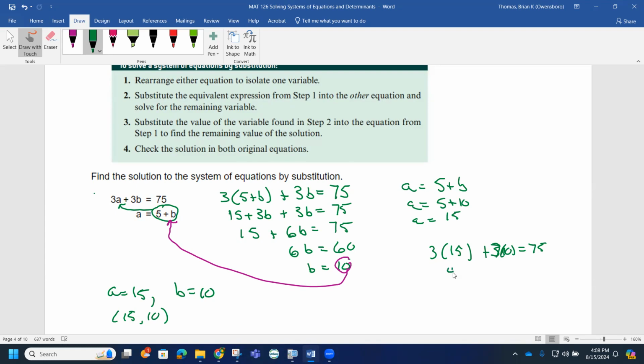So 3 times 15 is 45 and 3 times 10 is 30. Does 45 plus 30 equal 75? Yes. In the other equation, A was 15. Does that equal 5 plus B, which was 10? Does 15 equal 5 plus 10? Yes, that checks out. So it satisfies both equations. That's the only ordered pair that satisfies both these equations at the same time.